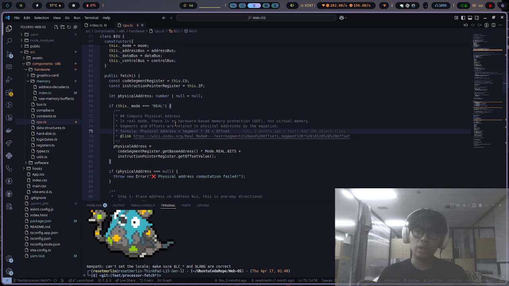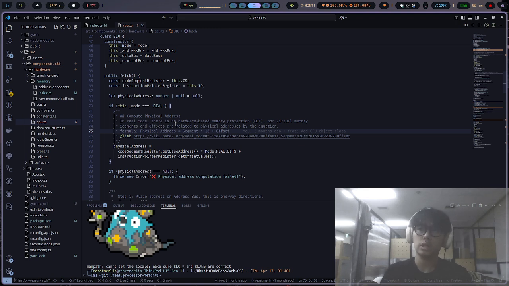Then the processor has to fetch from the memory. This is called fetch, and after fetch it has to decode, because when you put instructions into memory it requires some kind of encoding. After decoding, you do the execute step.